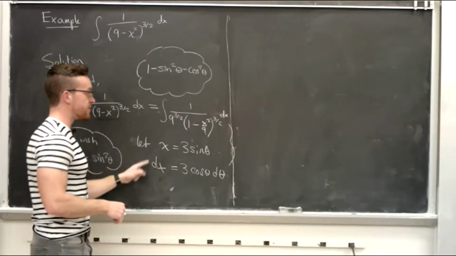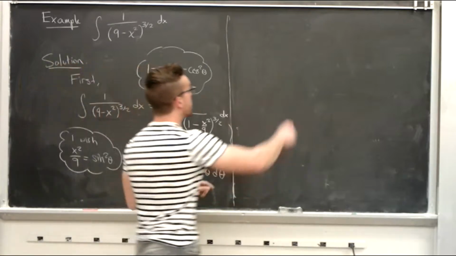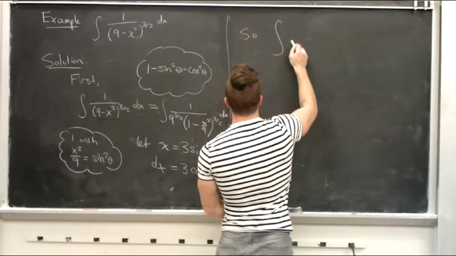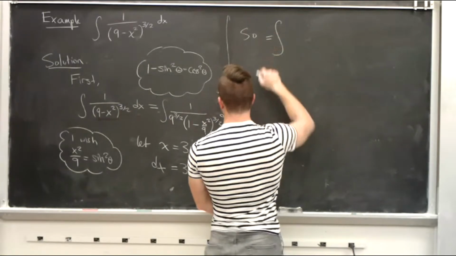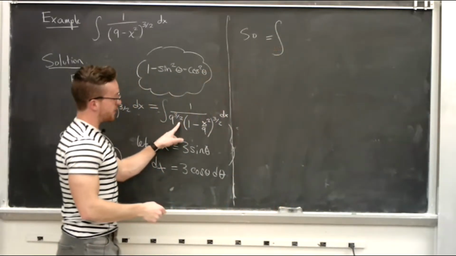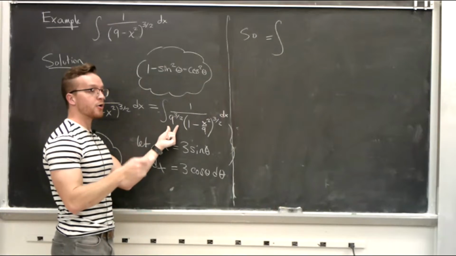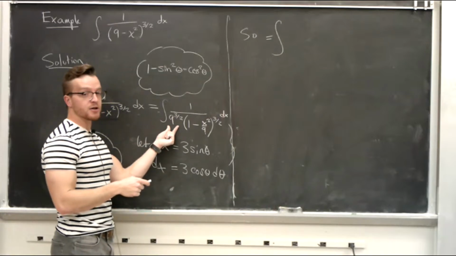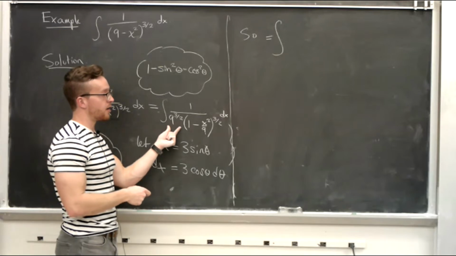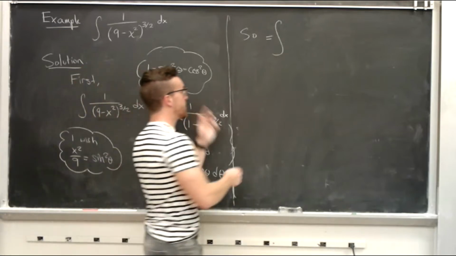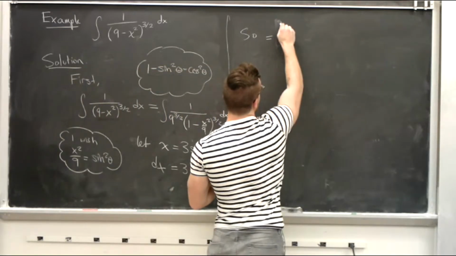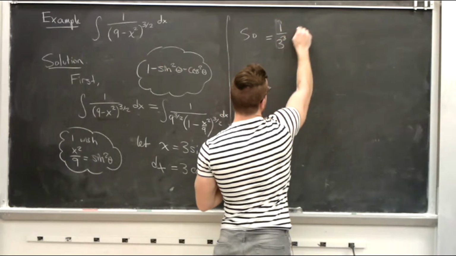Oh yeah, so we did our substitution. We can plug everything in now. So this turns into 9 to the 3 halves. I could pull this out front, and 9 to the 3 halves is like 1 over 3 cubed, because 9 to the 1 half is 3. So this would be like 1 over 3 cubed.